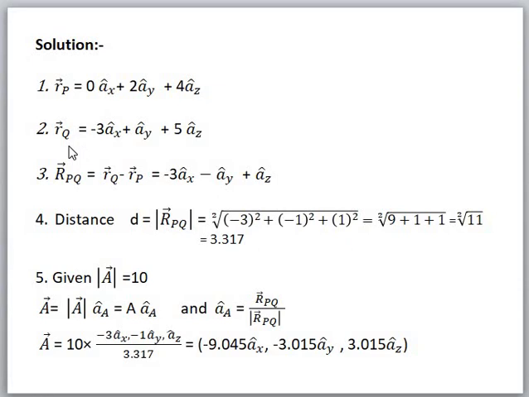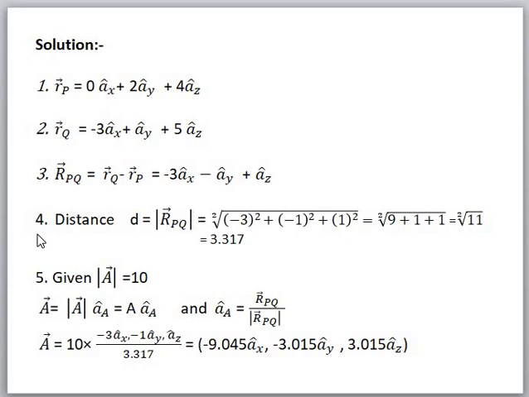This is the position vector of Q. Now let's see the third answer. Vector R_PQ is equal to vector R_Q minus vector R_P, which is minus 3 a_x cap minus a_y cap plus a_z cap. This is the third answer of this question.